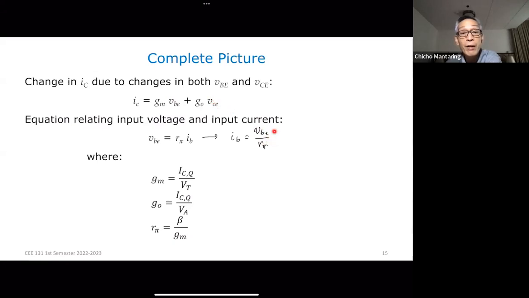Here we only have VBE, remember, because we are using a unilateral model. So this is now according to what we said would be the independent and dependent variables. And then you just have these parameters. G sub M is equal to ICQ over VT, G sub O is ICQ over VA, R pi is beta over GM.